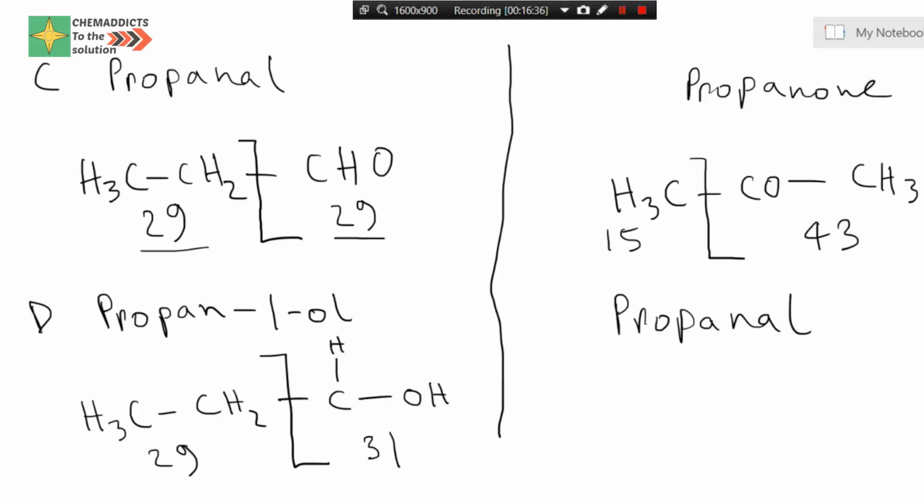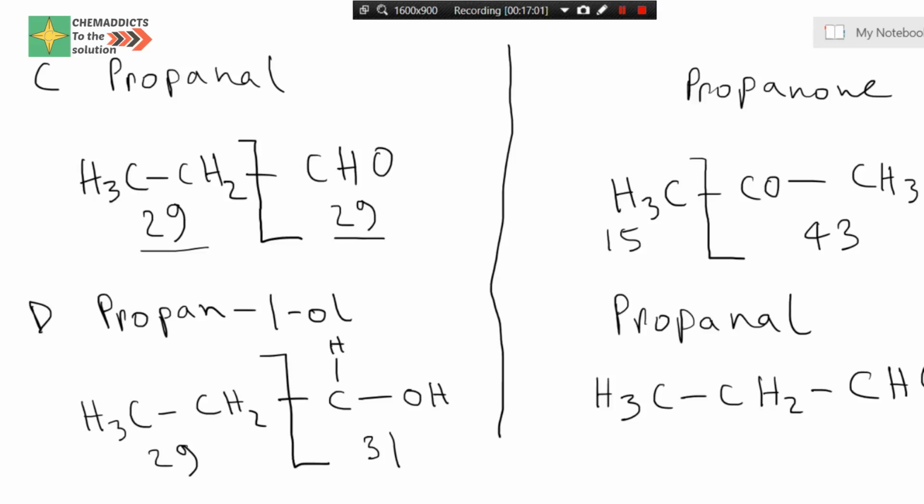Now let's fragment this other molecule. At first let us draw the structural formula of this molecule. The structural formula of this molecule is this. Now let's break this molecule into fragmented molecules.